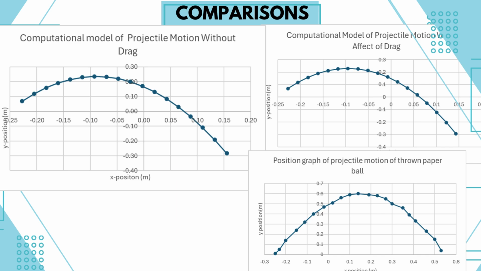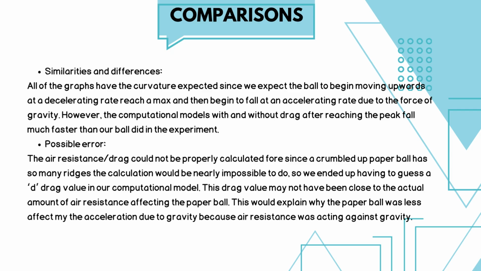So you can see the one with drag is maybe slightly better, but there's not too much of a good correlation. And it starts at different positions because the computational models had gravity affect it stronger than in my Tracker model.